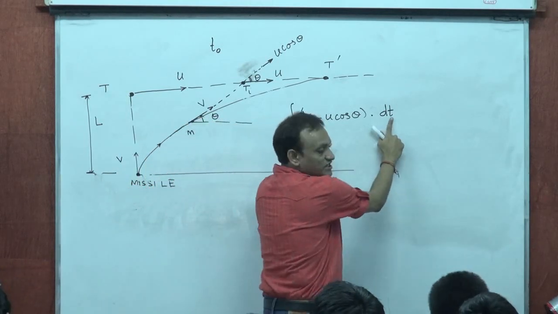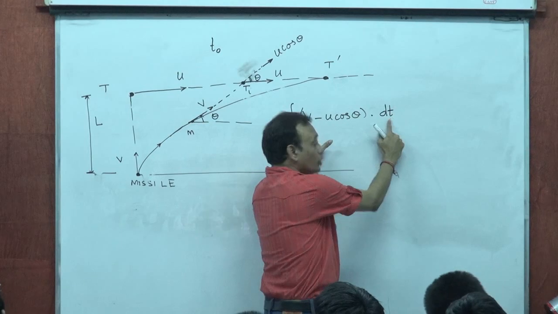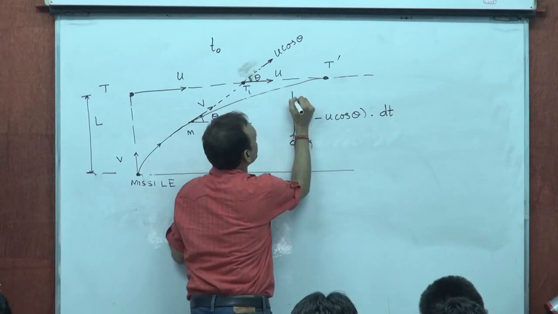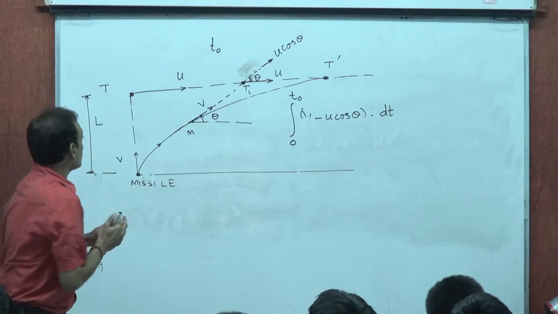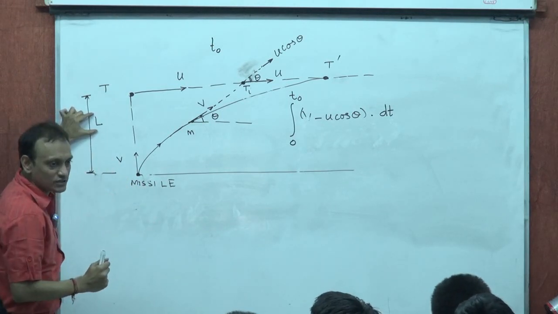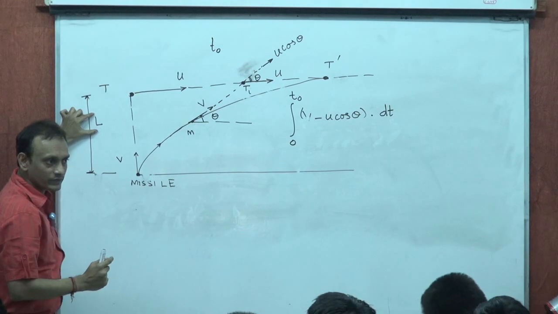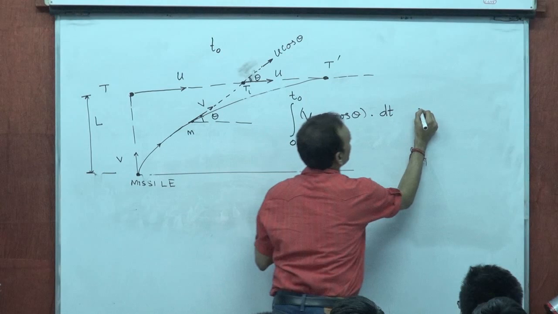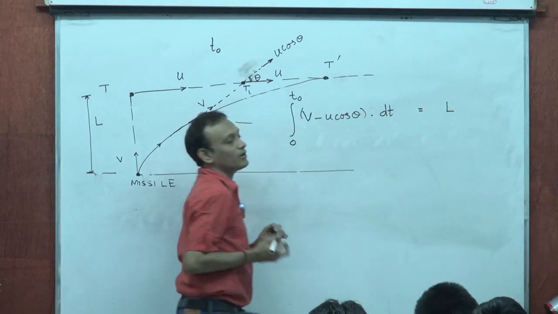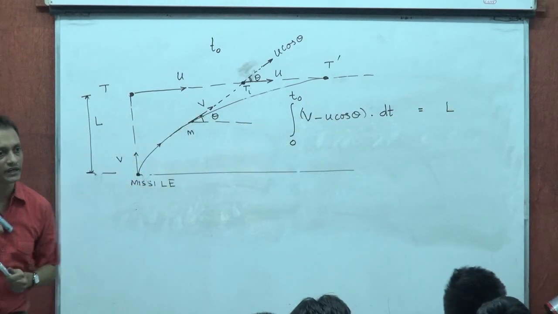This is the decrease in separation in a small time dt. In a time 0 to t naught, this must be the total decrease in the separation, and the total decrease in the separation must be L units for the missile to hit the target. The relative separation must decrease by an amount L for the missile to hit the target, right?